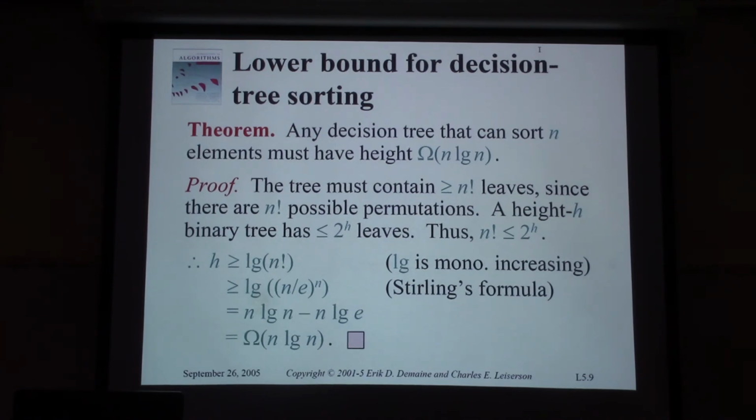There is a very famous formula called Stirling's formula. It says basically that LG of n factorial is approximately LG of n over e to the n power, which of course can be rewritten as n times LG of n over e, which of course is n times the difference LG n minus LG e. When you distribute the n, you're going to have n LG n minus n LG e.